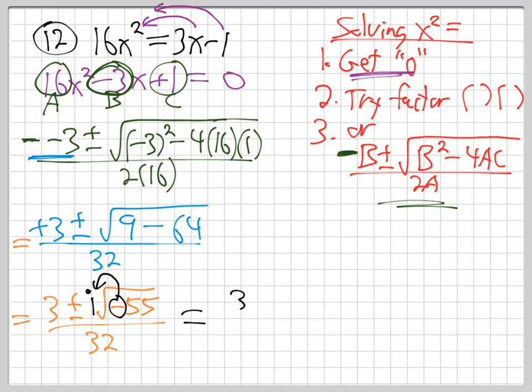Exactly. So that'll be 3 plus or minus I root 55 all over 32. And Math Excel, they wrote it separated, which is fine. You just want to identify it. Here, I'll go back and show you that answer if you're ready for me to go back there.